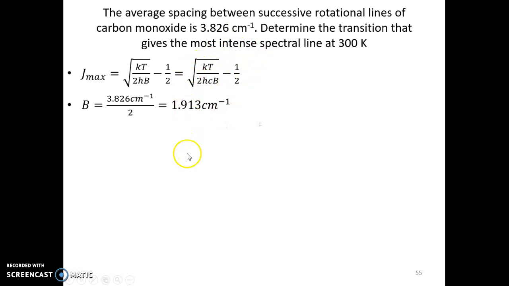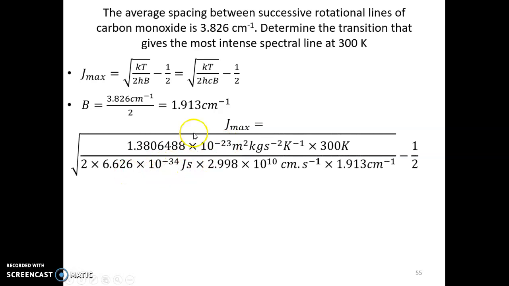So using this equation, our J max is given as k, that's the Boltzmann constant, multiplied by the temperature, 300 Kelvin, divided by 2 times Planck's constant times the speed of light, note that this is times 10 to the 10 centimeters per second, times the rotational constant that we just obtained, everything square root, minus 1 over 2.